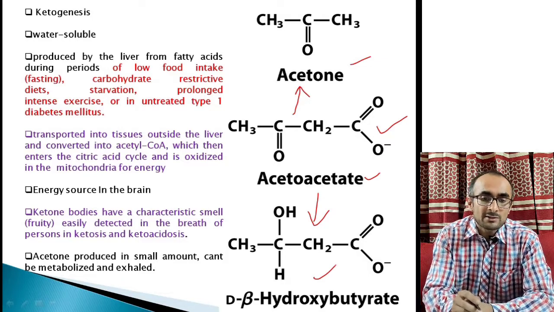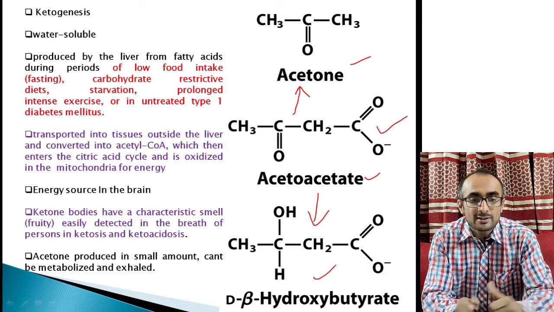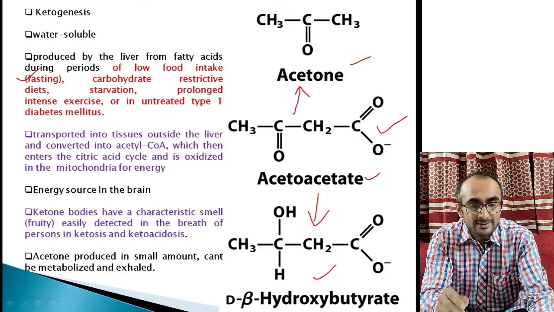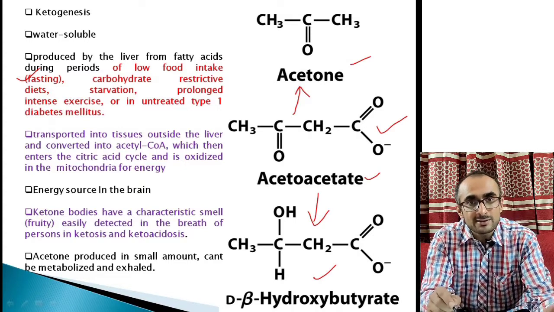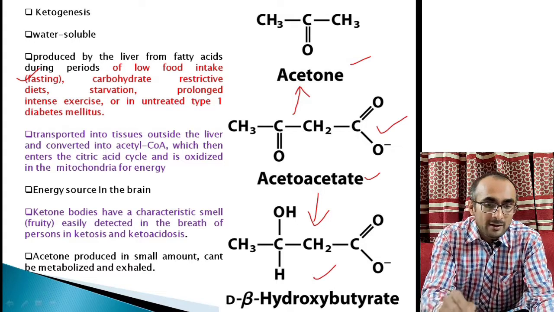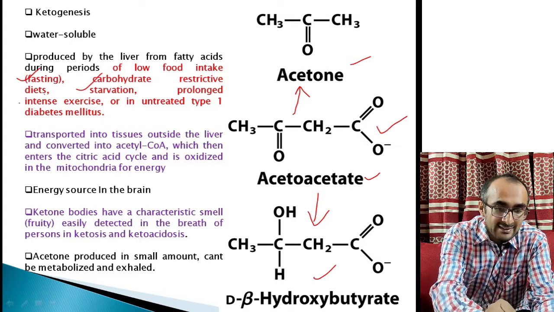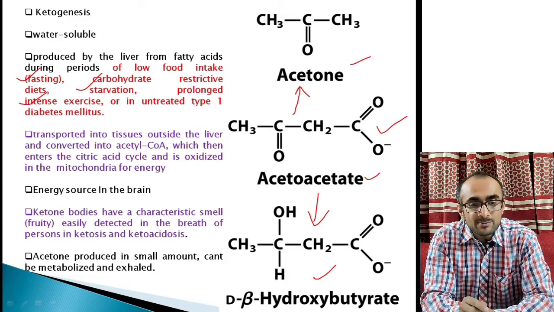They are produced when there is low food intake, for example in case of fasting, or carbohydrate restrictive diets, where a diet is taken in which carbohydrate amount is little or nil, during starvation, prolonged intense exercise, and untreated type 1 diabetes mellitus.